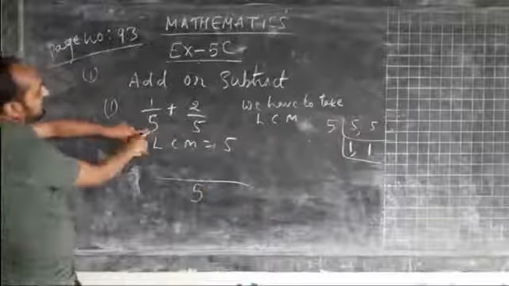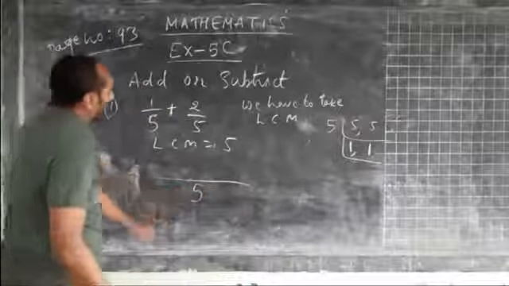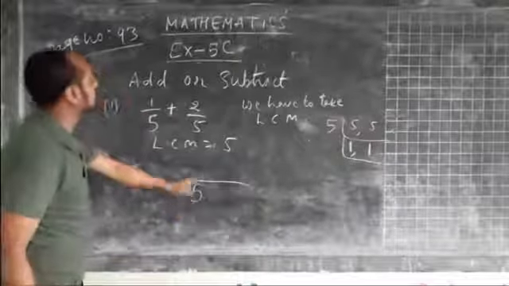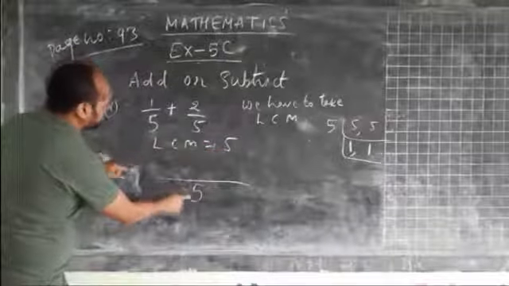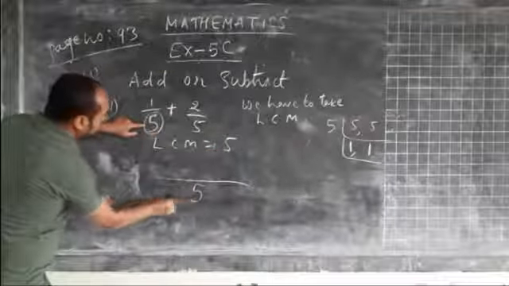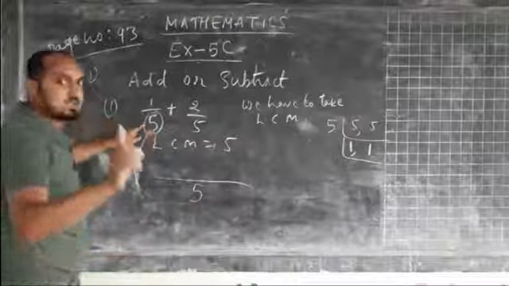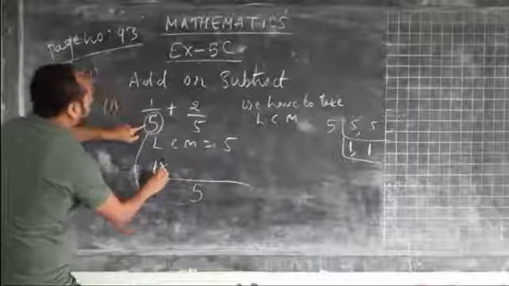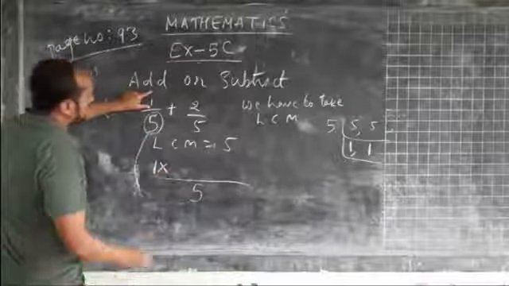Now the next step, we will write 5. This 5 we have to divide with this LCM 5. When we divide 5 by 5, we get 5 ones are 5, into whatever we have in the numerator, we have to multiply that.